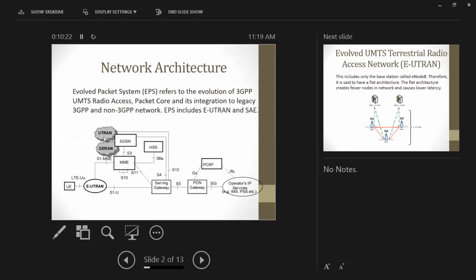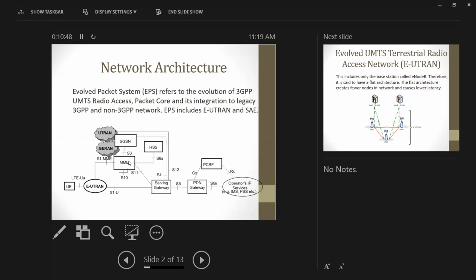But for 2G or 3G, you have separate entities in the core network to handle CS and PS. And for PS, the entity you have is called SGSN. Now, when you have coexistence, you have some connections between the 4G network and the 2G and 3G networks.